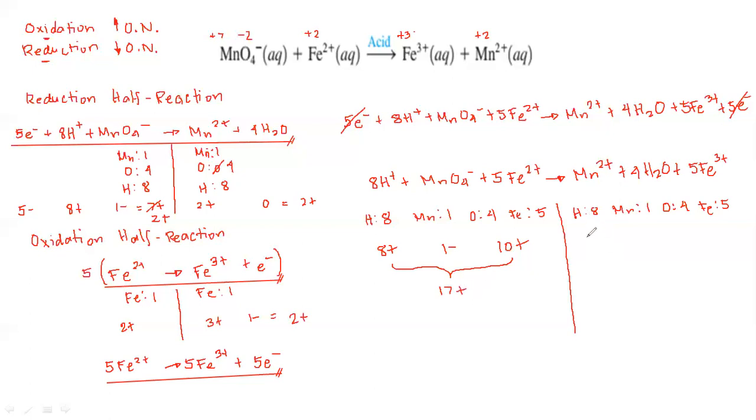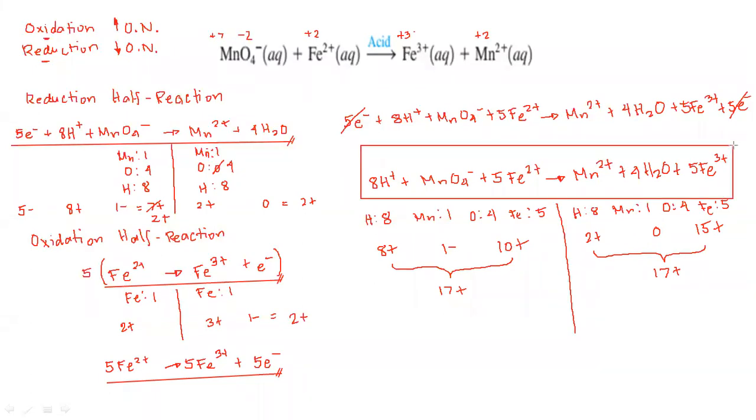At the right side, we have 2 plus, 0 for water, and 15 plus. Therefore, our charge at the right side is 17 plus. Okay, therefore, our final answer is correct. We have balanced all the elements and charges in this redox reaction.